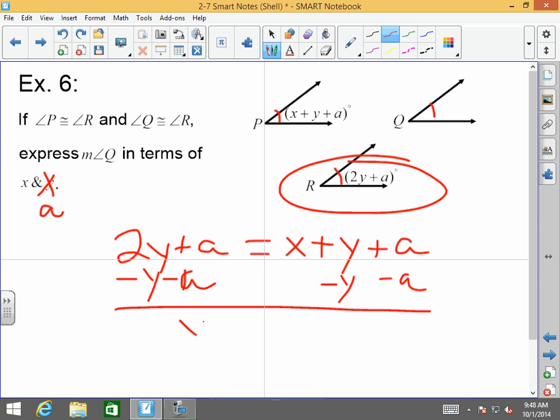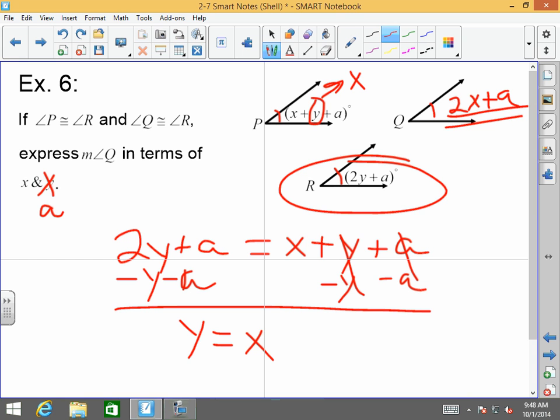So I have Y equals X. Now I can replace this Y over here with an X. So angle Q will equal 2X plus A.